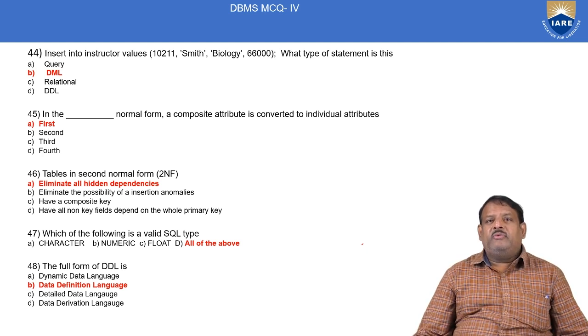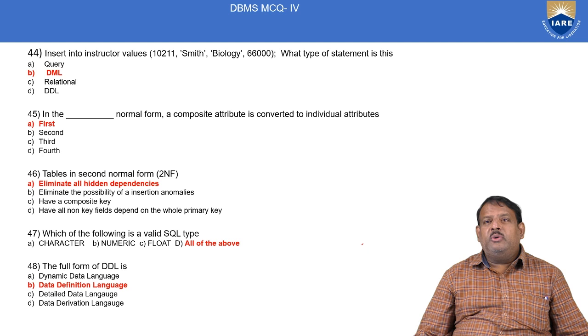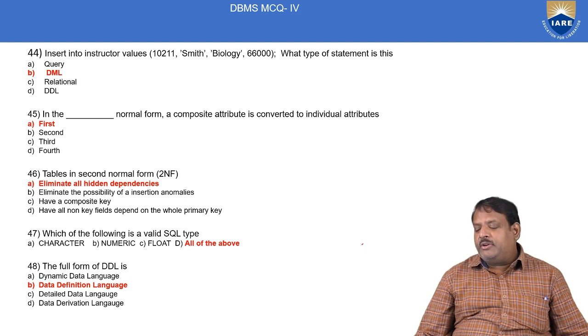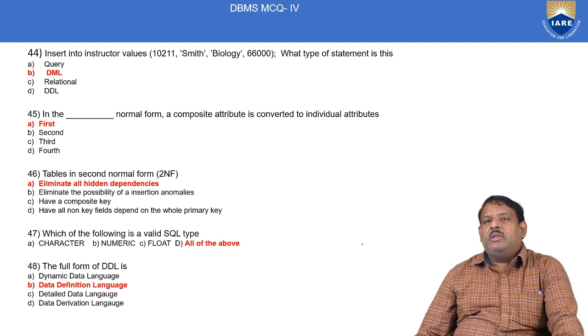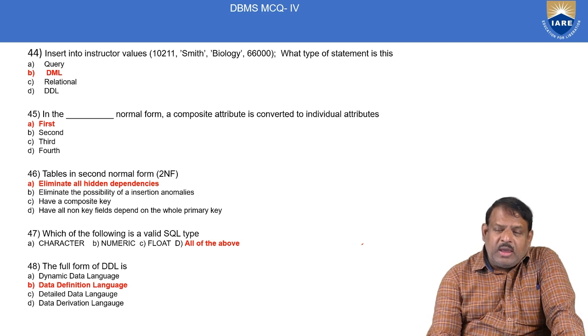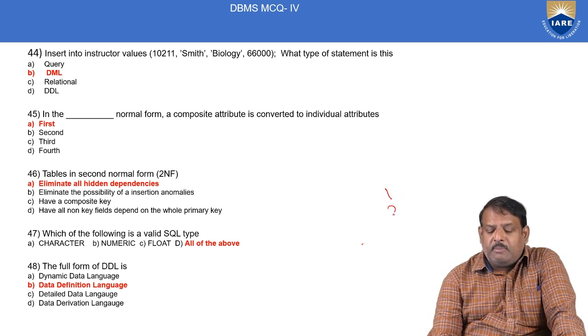In the dash normal form, a composite attribute is converted to an individual attribute. As a part of normalization, we have a couple of forms, starting with first normal form, second normal form, third normal form. Then we have 3.5 or Boyce-Codd normal form.